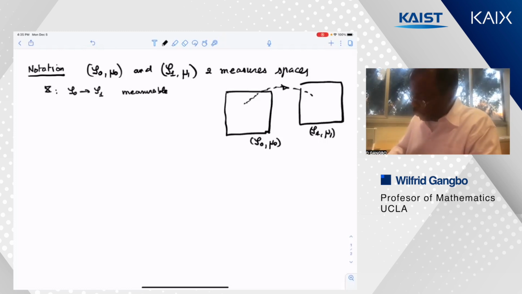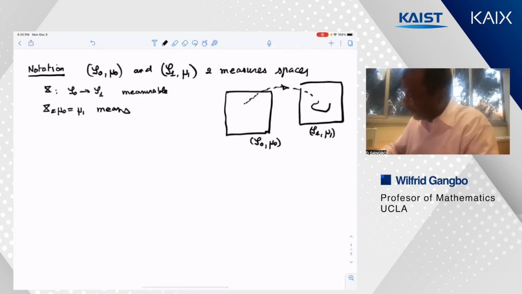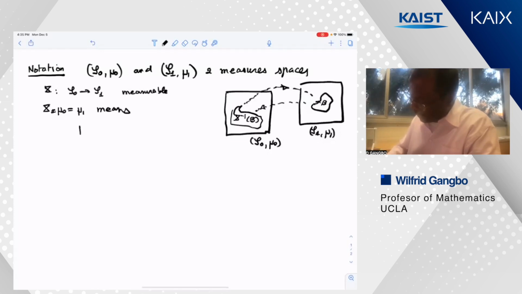Then I am going to say that S pushes mu naught forward to mu 1, means that if I take any set B here, and I look at the pre-image, S inverse of B, then I have conservation of mass.